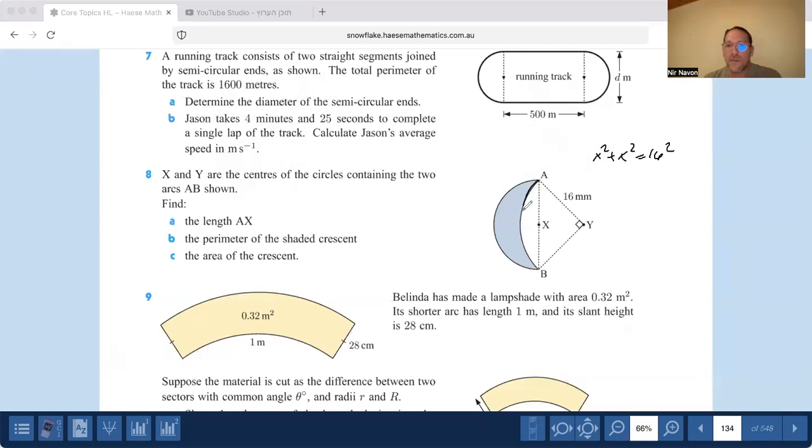We were looking for this, then the radius is 16 with a 90-degree angle here. And for finding this arc, the center is X, and we found the radius in part A. And this is 180, so it's half a circle.